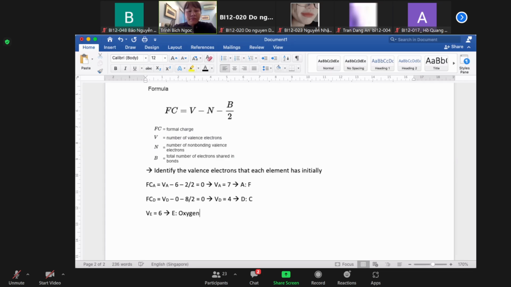Then V_Q equals 5, so Q will be nitrogen.